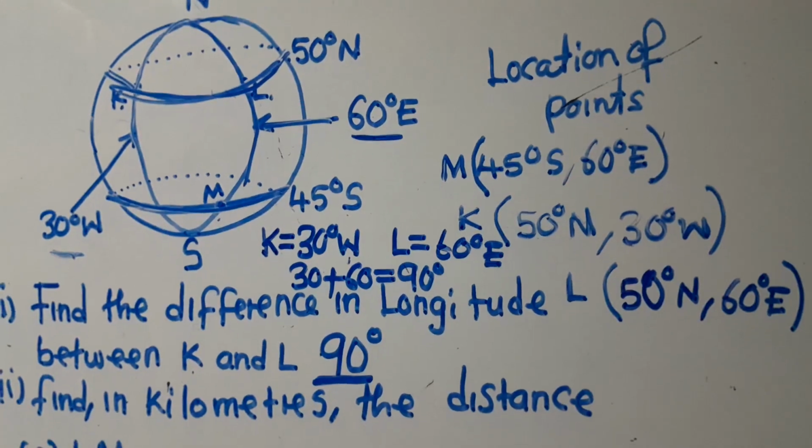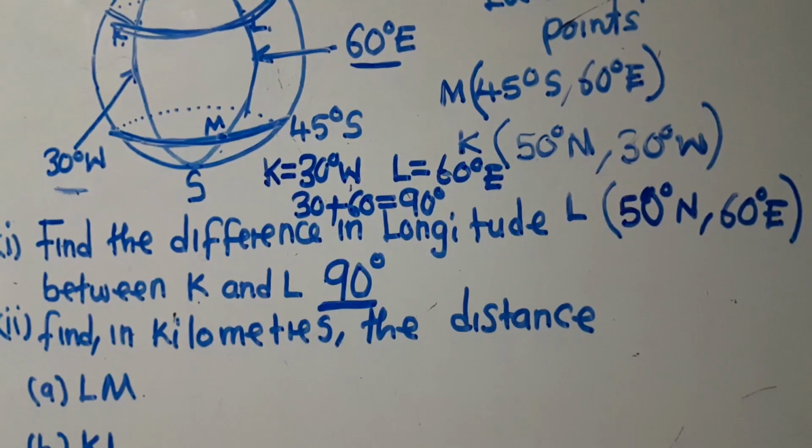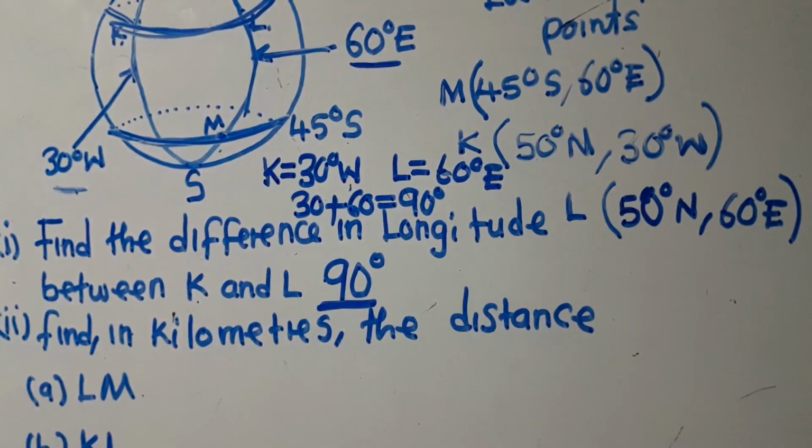Let us now move forward to these questions that are down here. These are good questions that we need to take note of. So now what we are going to do is this. The question is saying, find in kilometers the distance LM. This is the distance LM.